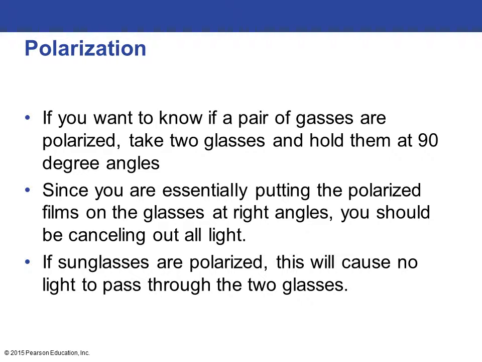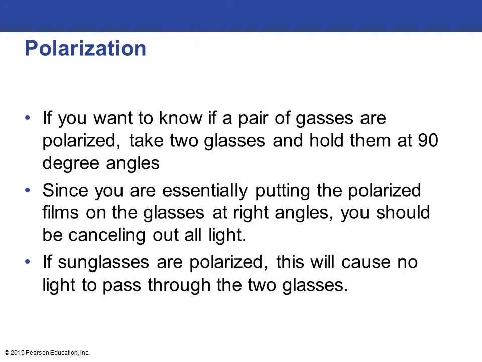So if you were to take two pairs of the same pair of sunglasses and hold them at 90-degree angles to each other, so hold one lens up and then the other lens up to it at a 90-degree angle, you're essentially putting the polarizers on the glasses at right angles, and you should be canceling out all light coming through the sunglasses if they are in fact polarized.